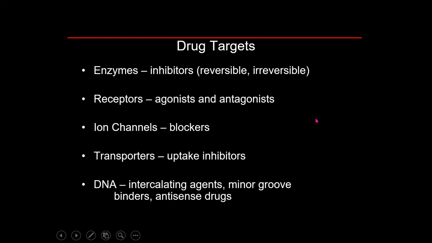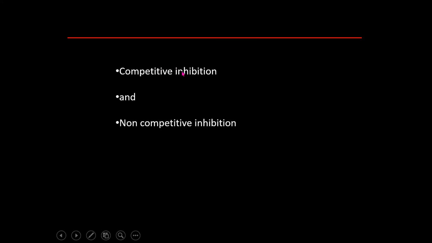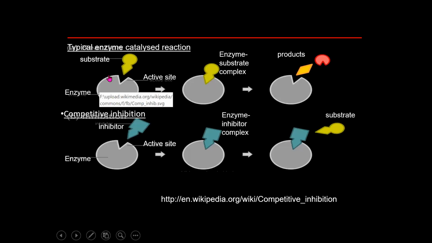So we can have reversible and irreversible inhibitors. If you have studied enzyme technology, you know there is competitive inhibition and non-competitive inhibition. You have the enzyme, and a substrate goes and binds to the active site, forming the enzyme-substrate complex, forming the product.